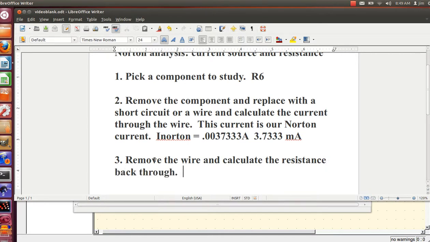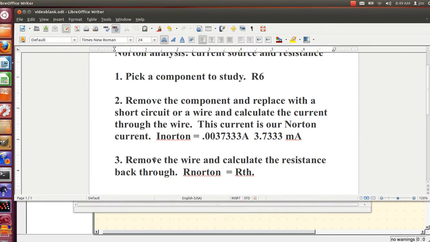This incidentally becomes our resistance Norton. And resistance Norton, if you're familiar with the Thevenin and the way we did the Thevenin, is going to equal our resistance Thevenin. They are going to be identical. It is the same process. The same assumptions we made for Thevenin we're going to make for Norton.